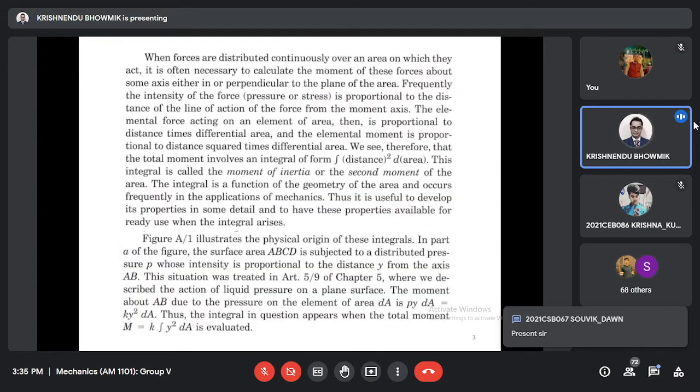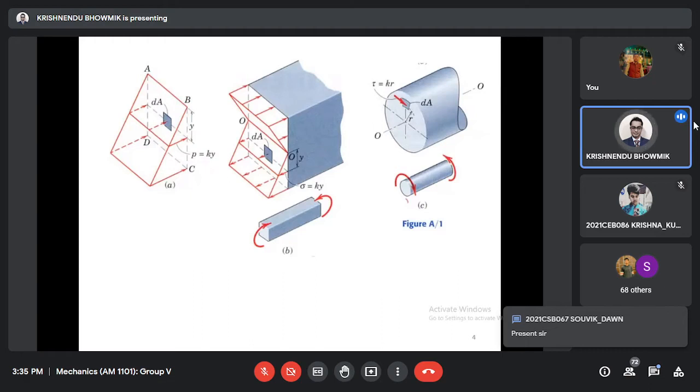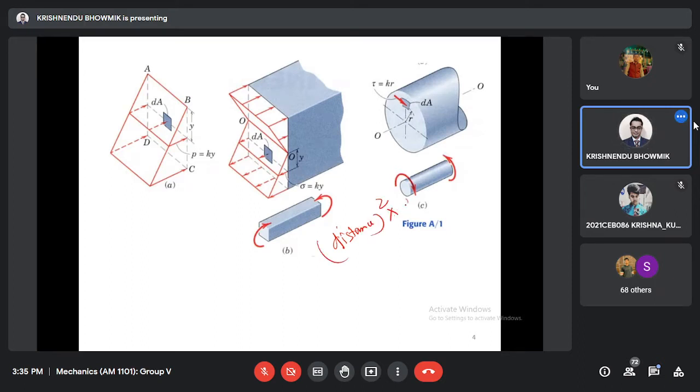For doing that, we have derived for special cases like pressure varying with respect to some distance, sometimes bending stress or torsional stress, and we finally got the expression y squared dA, some distance squared multiplied by the elemental area dA, with integration.